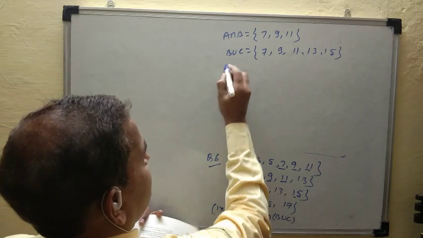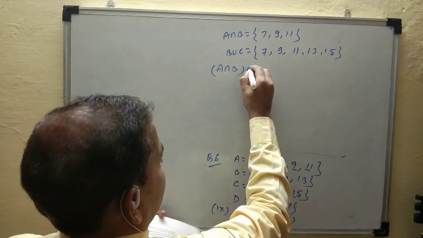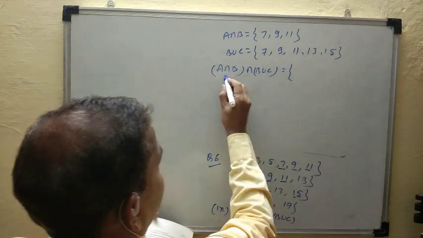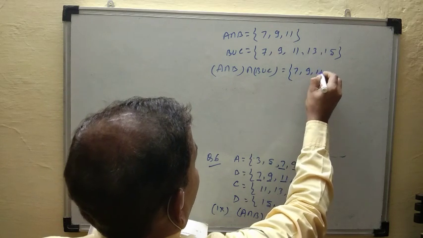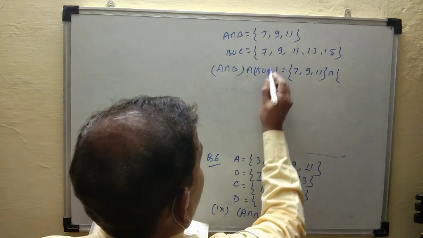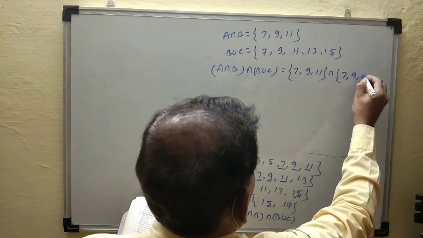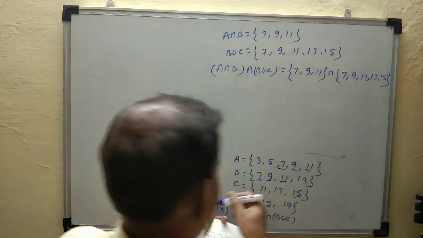Now find A intersection B union C. So first write A intersection B, which is 7, 9, 11, and then B union C. This is B union C: 7, 9, 11, 13 and 15.